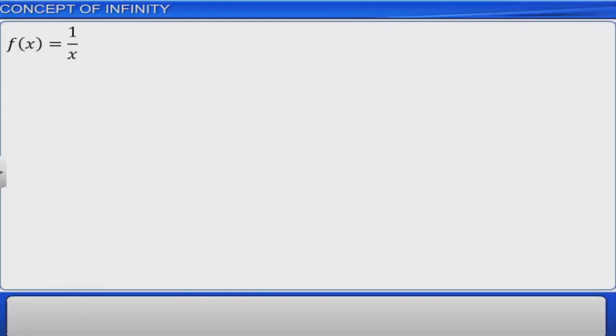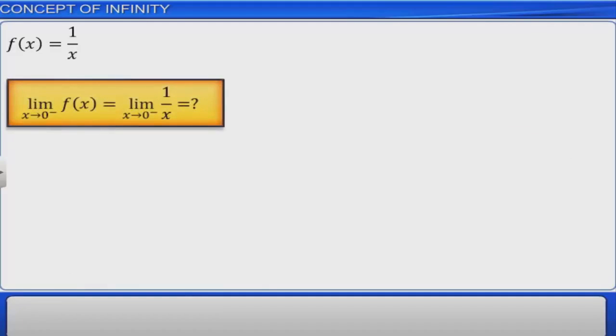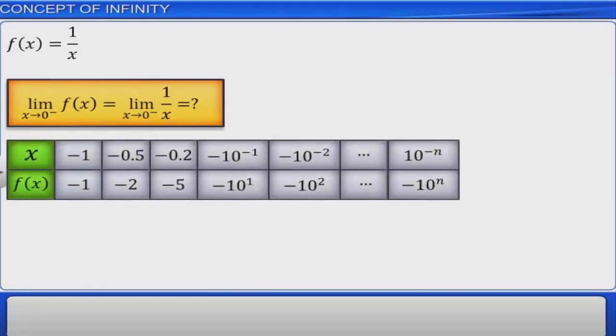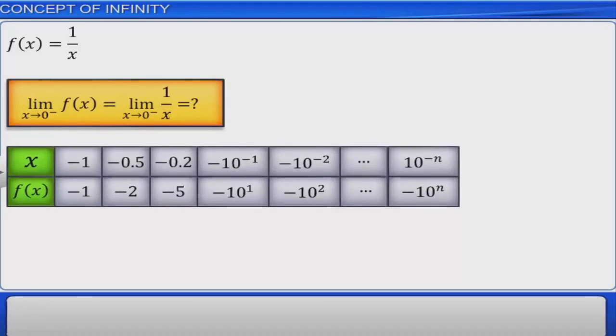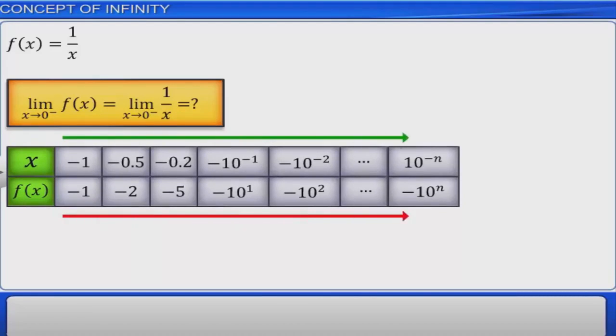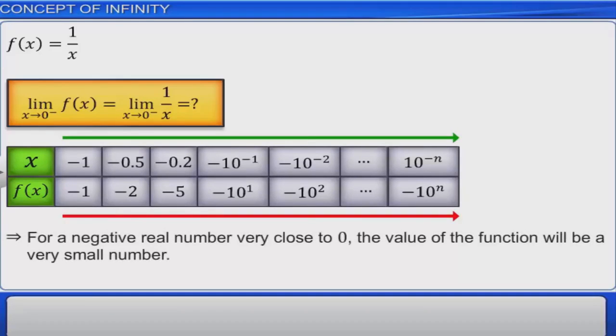Let's observe the table that shows the values of the function at negative values of x. Observe that the value of the function decreases as x comes closer and closer to 0 from its left side. This implies that for a negative real number very close to 0, the value of the function will be a very small number.